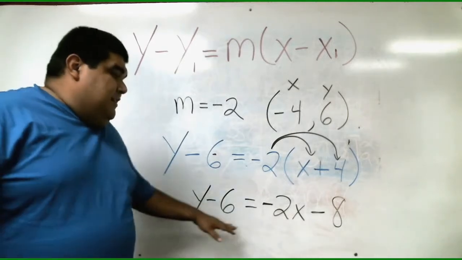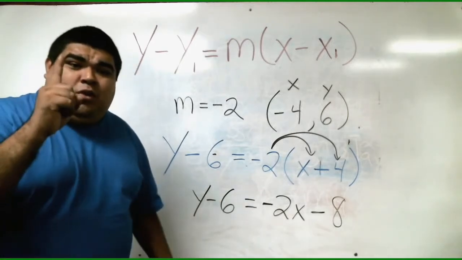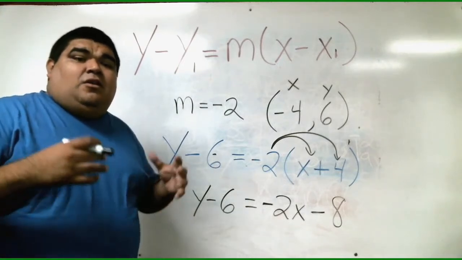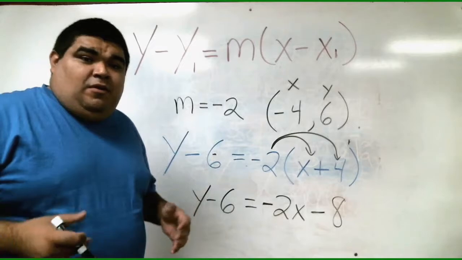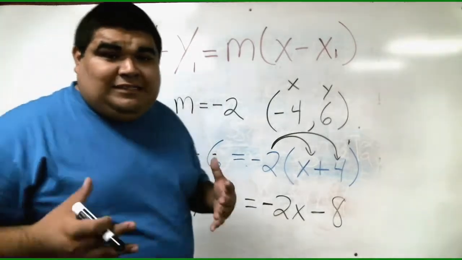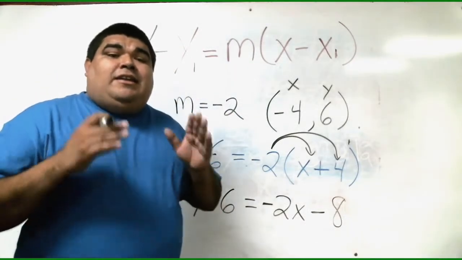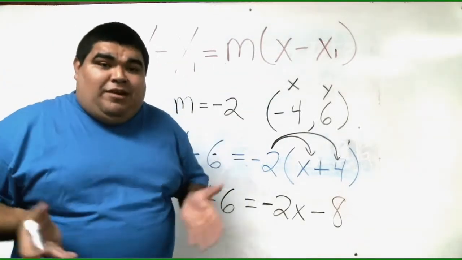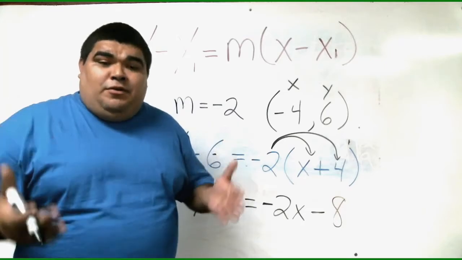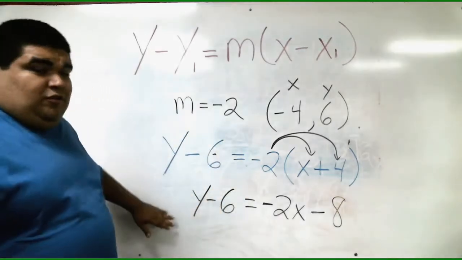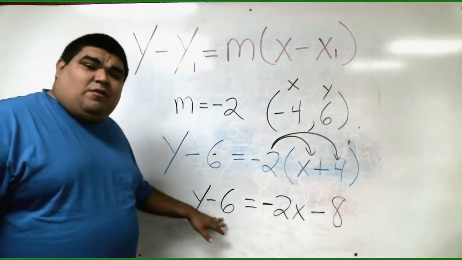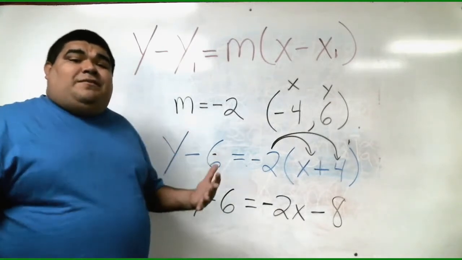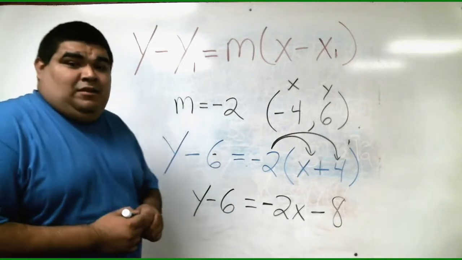Now that we have that, there's one more step to do. Okay? One more simple step. Now, if you remember, the formula we learned last class was y equals mx plus b, right? That is the formula we're trying to arrive at. That's the formula that we use for graphing. So in order to leave y on this side alone, we have to get rid of the 6, right? So we have to move it to the other side. So the opposite of negative 6 will be positive 6.